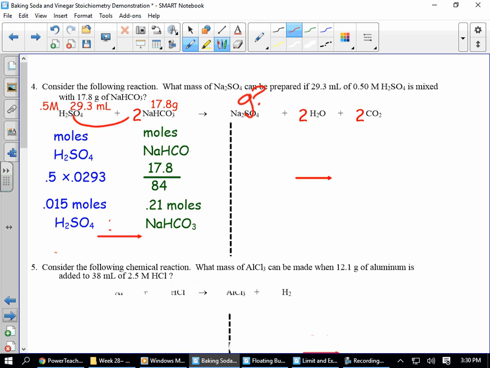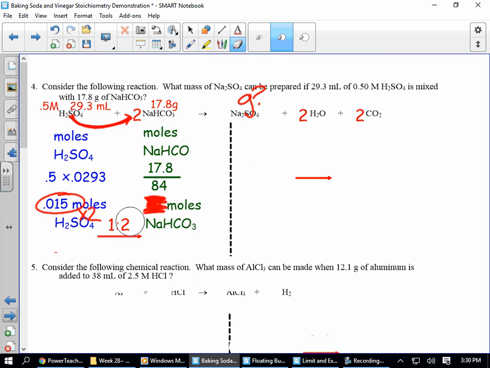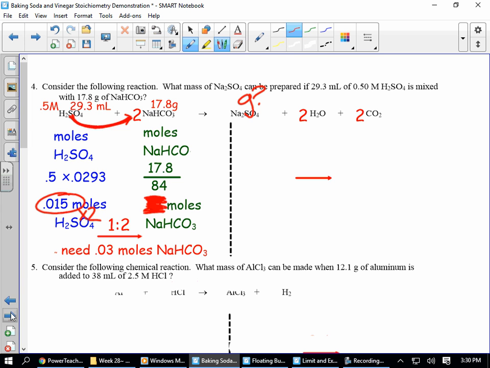Again, I like to multiply, so I'm going to cover this up, and I'm going to say this is a 1 to 2 ratio. I need twice as much. So I'm going to take this number, multiply it by 2 and figure out in theory how much sodium bicarbonate I should need. When I multiply this by 2, I should have 0.03 moles of sodium bicarbonate.